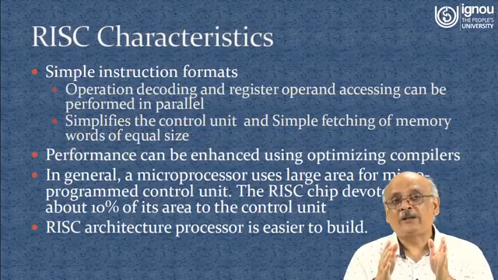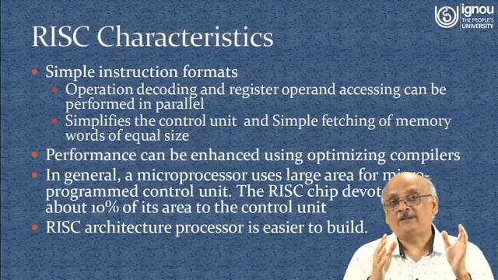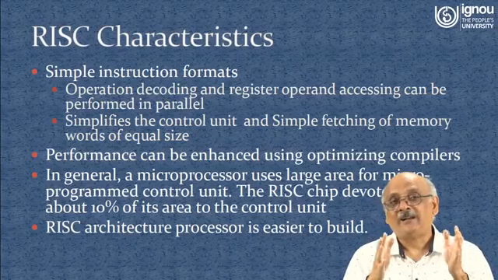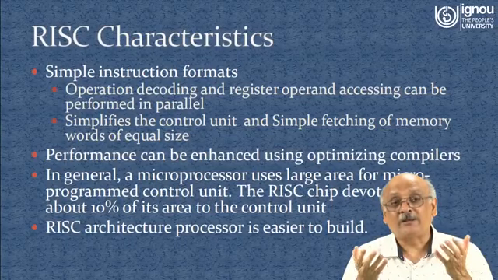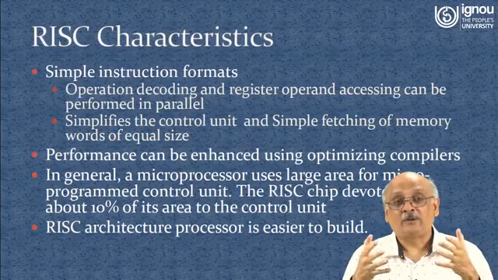So the control unit became smaller. That means around 30 to 40% of the area became vacant. So how that 30 to 40% area should be utilized in reduced instruction set computers became the criterion.